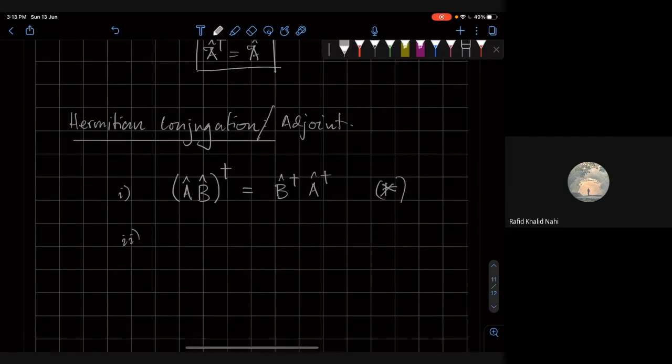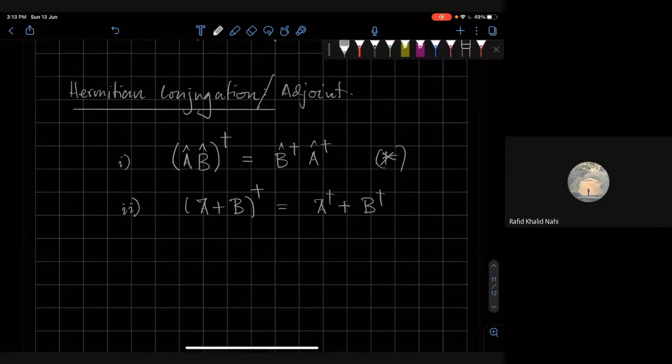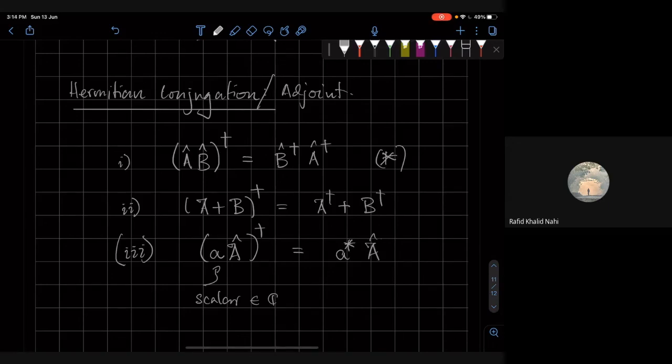Also prove, using linearity, that if you take two linear operators and take the Hermitian conjugation, then the Hermitian conjugation distributes over the linear combination. And lastly, if you have A times an operator, where A is a scalar, meaning a complex number, and you take its adjoint, it'll give you A star times A dagger.